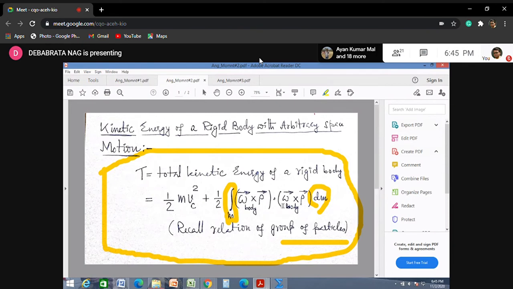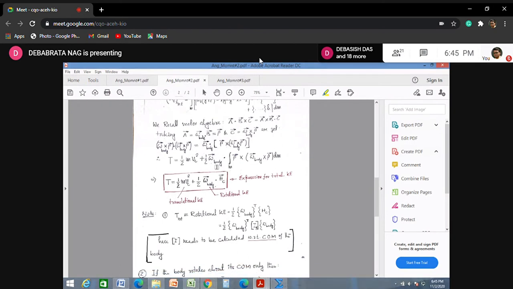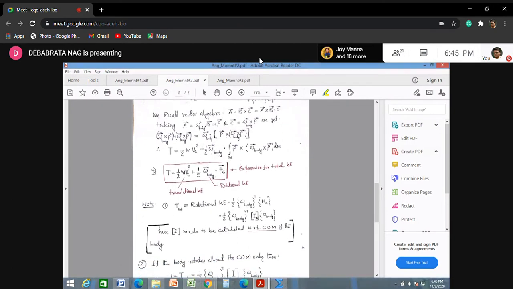Since I require the square of the relative velocity, I need a dot product between these two vectors. If I now do the algebra, this is the expression of the total kinetic energy of a rigid body.